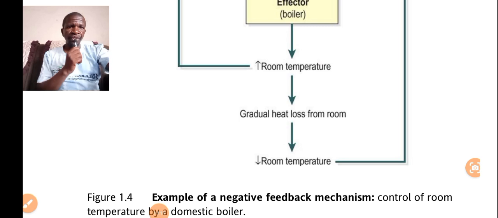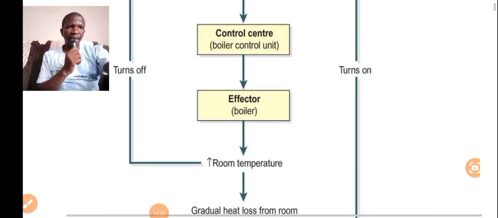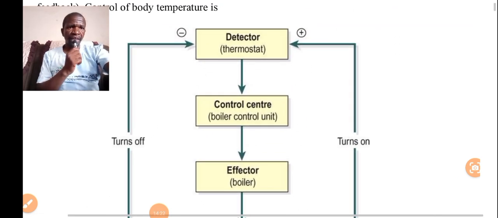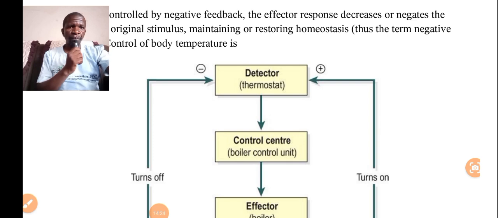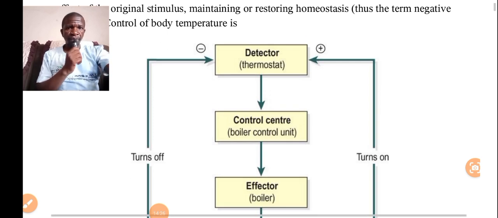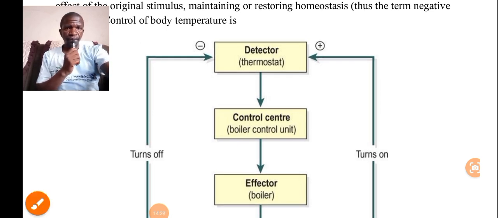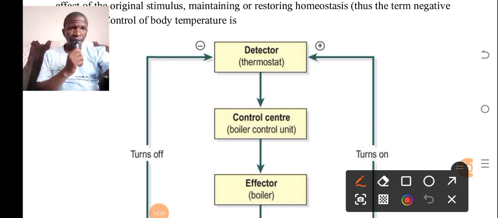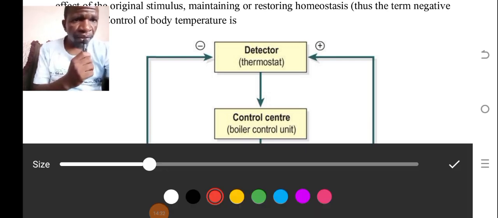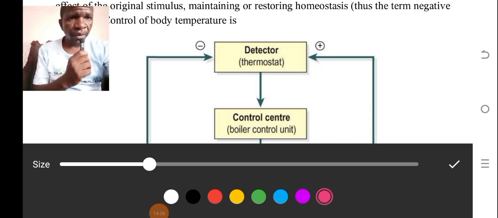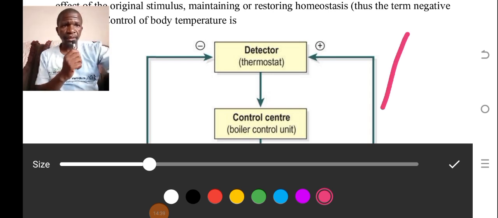So when the room temperature is too low, let me highlight here. It is detected by the detector here.